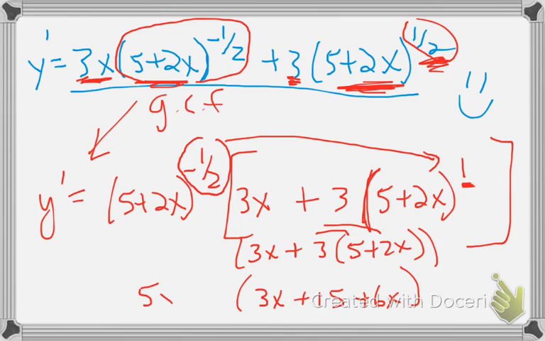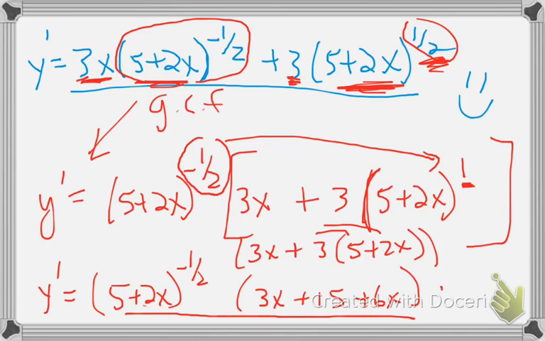And then you've still got (5 plus 2x) to the negative a half out here, that GCF that you had pulled out. Now, if you arrive here, I'm still happy.